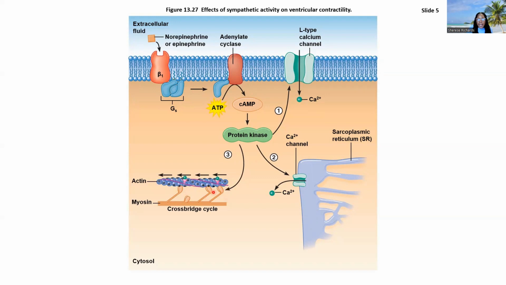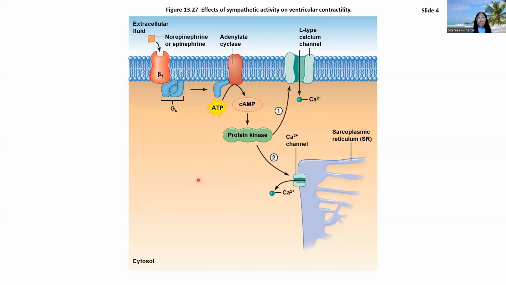The myosin heads in the cardiac contractile cells have a faster myosin ATPase rate. Therefore, they can increase their speed of contraction and allow for more vigorous contractions in a shorter period of time. So that is a third mechanism by which we can increase the contractility.